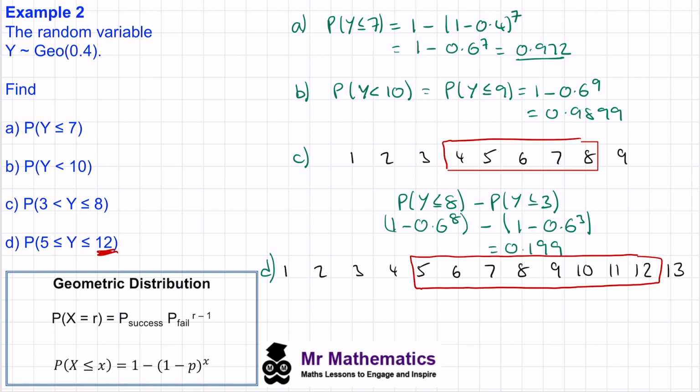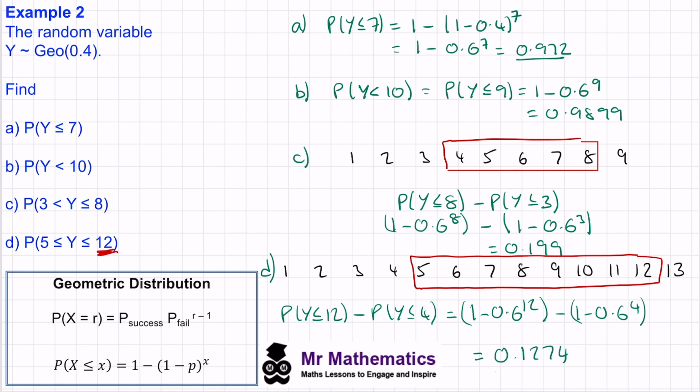So this will be the probability of y being less than or equal to 12 minus the probability of y being less than or equal to 4, which is all of these. And we can work this out as 1 minus 0.6 to the 12 minus 1 minus 0.6 to the 4. And on our calculators, we can do this and we get 0.1274. Okay?